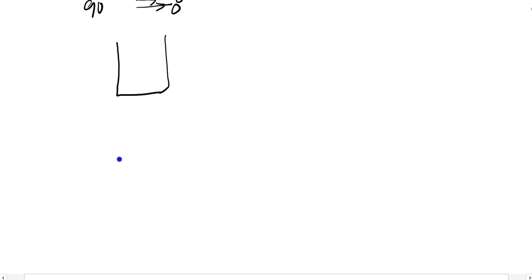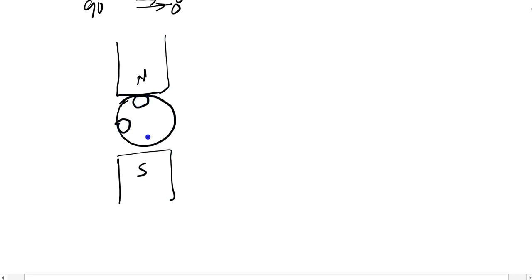again the magnetic field N and S, and this is my conductor. I am showing my conductor in different positions again. This is the first position, this is my second position, this is my third instant, and this is my fourth instant I'm assuming.